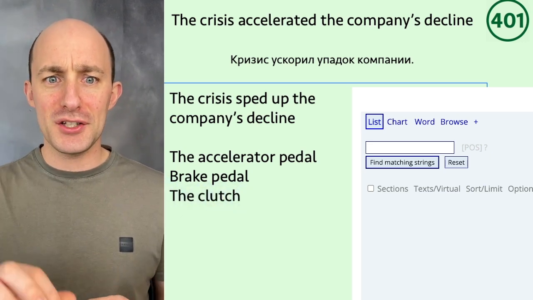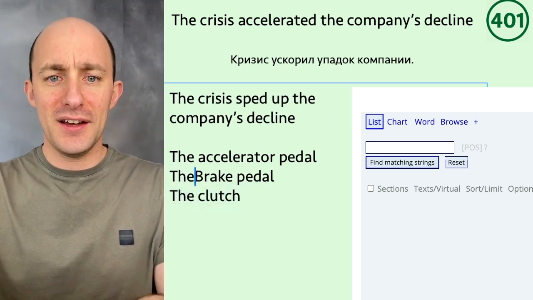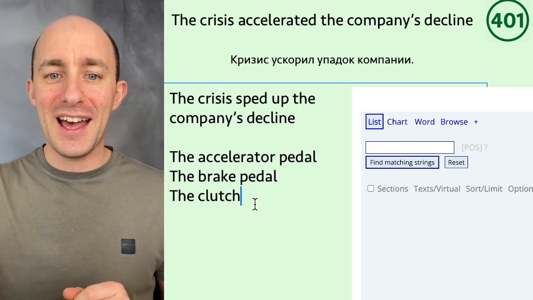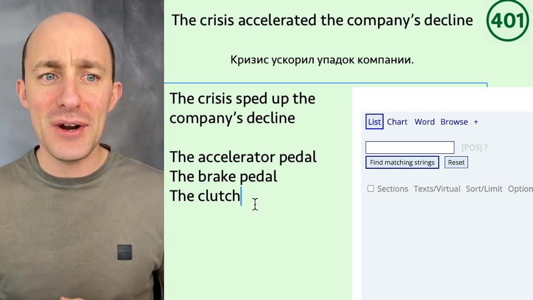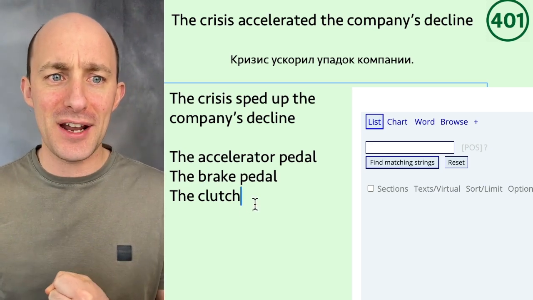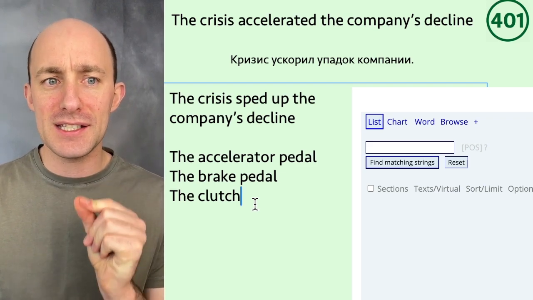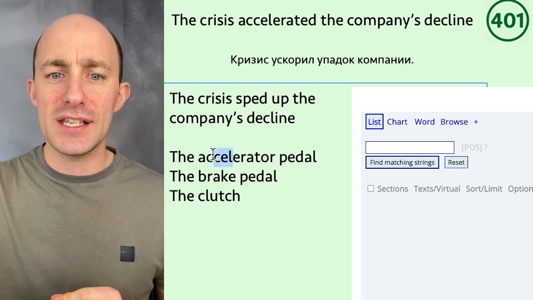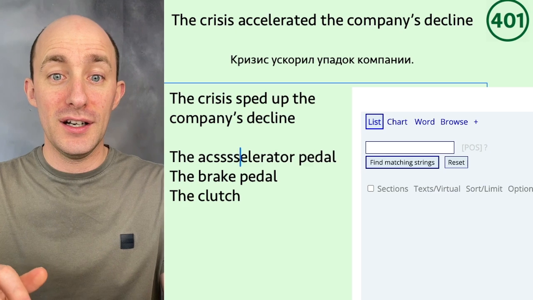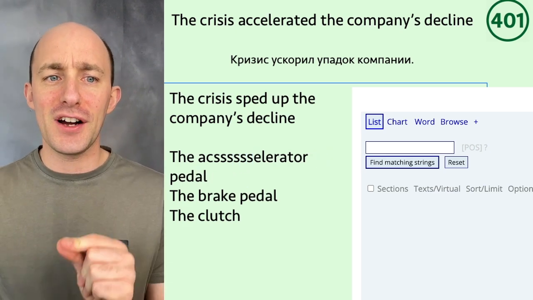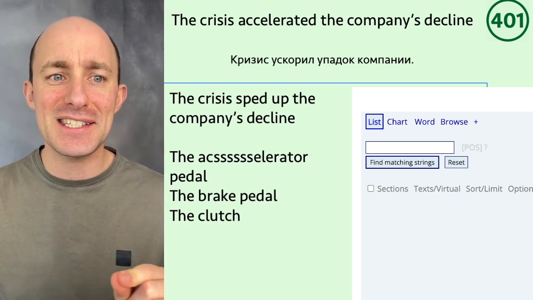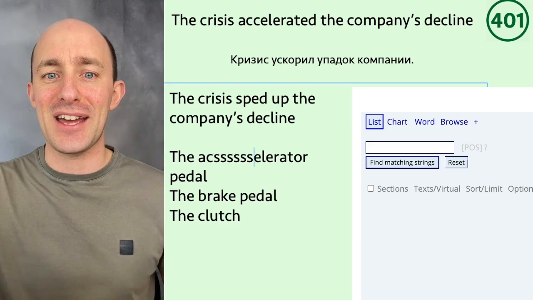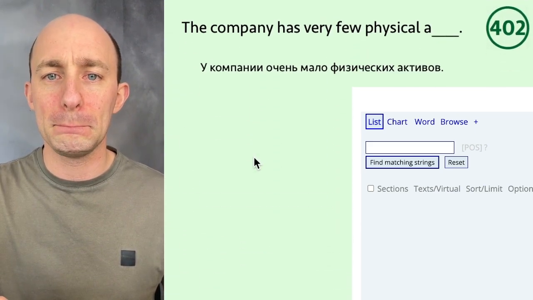So we use the clutch for changing gears, obviously the brake pedal for braking, and the accelerator pedal for accelerating. Remember pronunciation, accelerator, the stress is on the second syllable, so we make the S really long. Accelerator, accelerate, accelerate. Okay, next one.